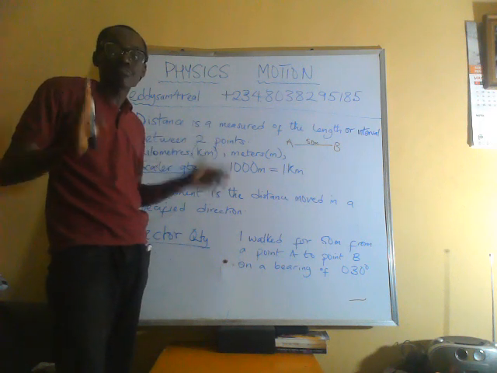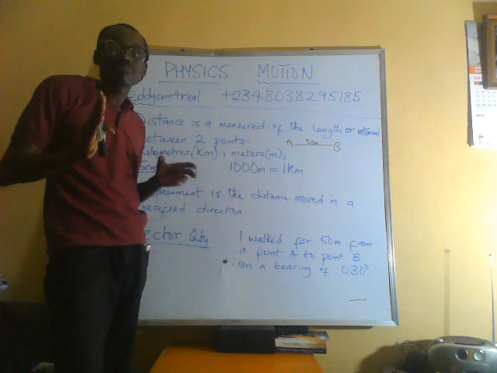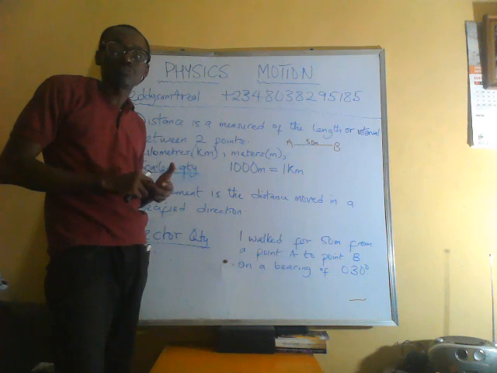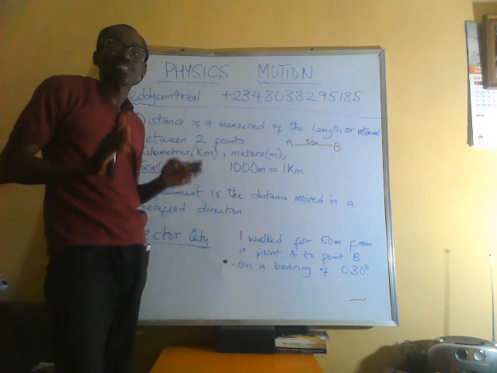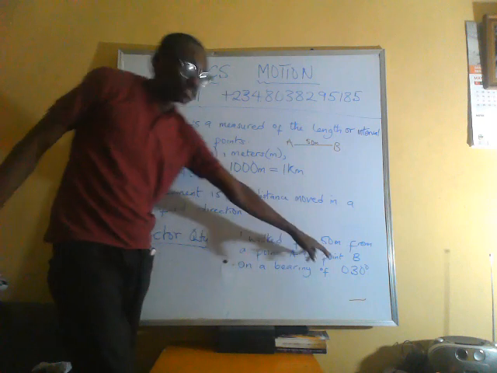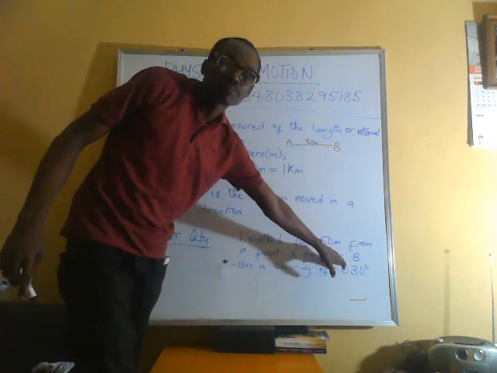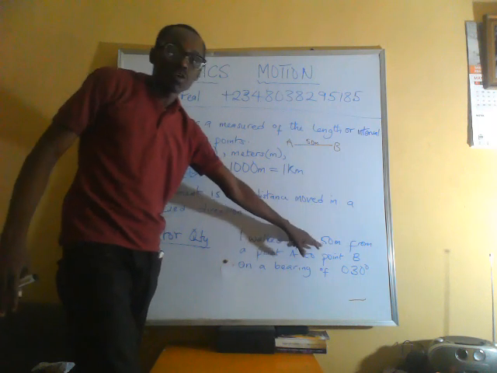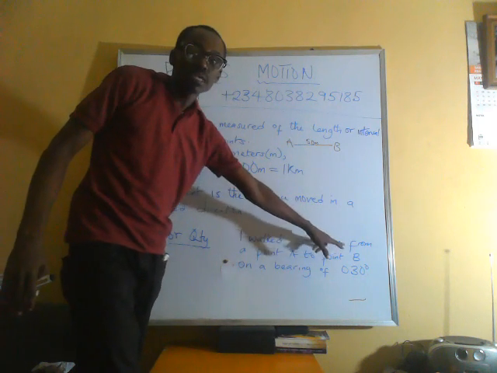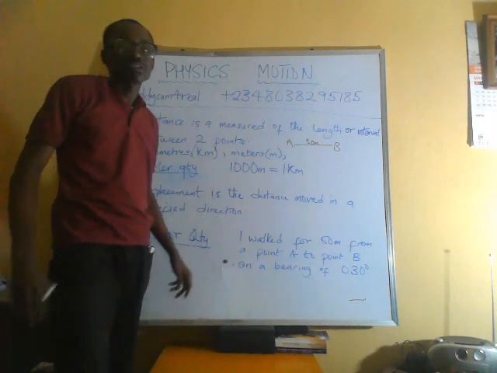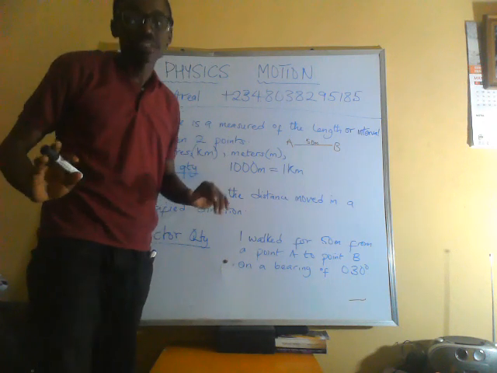Displacement is a vector quantity. Why is it a vector quantity? Because you are not only stating the magnitude, you are stating its direction as well. So 030 degrees here was the direction of this displacement. The magnitude was 50, the unit meters. So that is displacement.